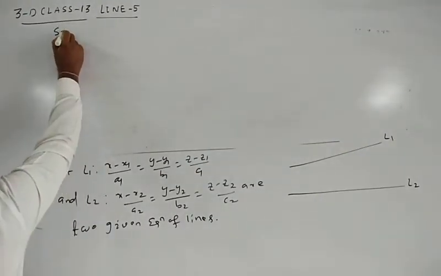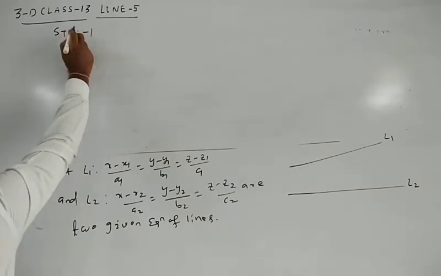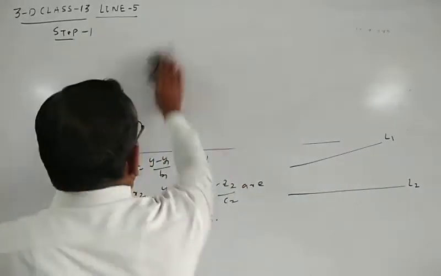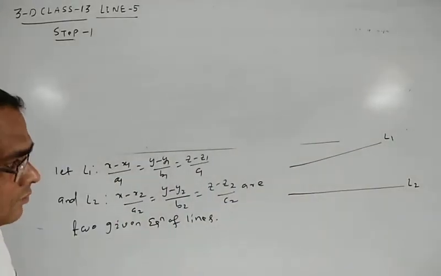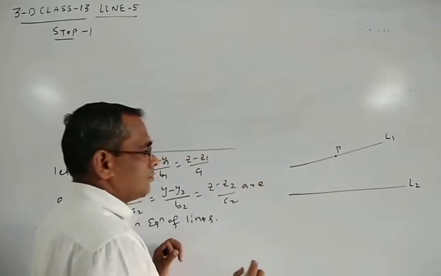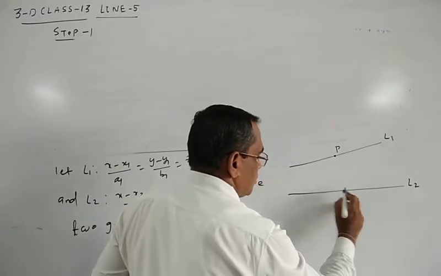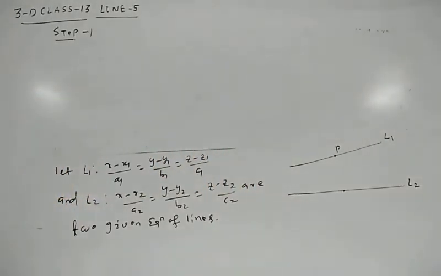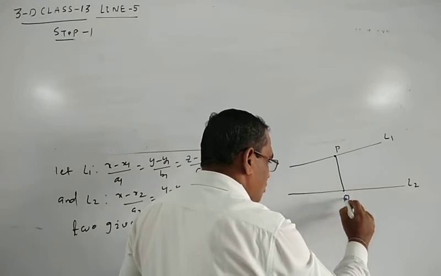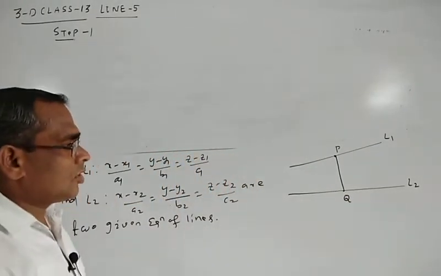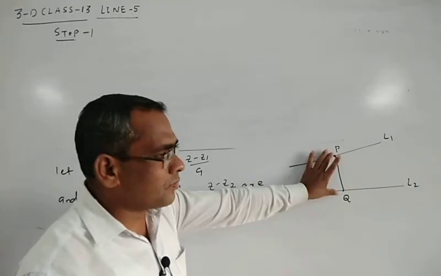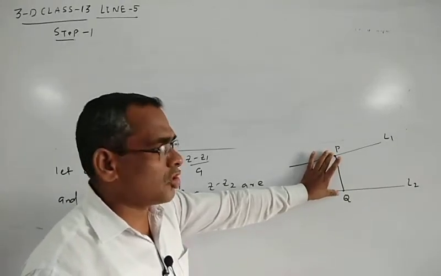Let them be P and Q. If PQ is a line which is perpendicular to L1 and L2, then this distance PQ is known as the shortest distance.